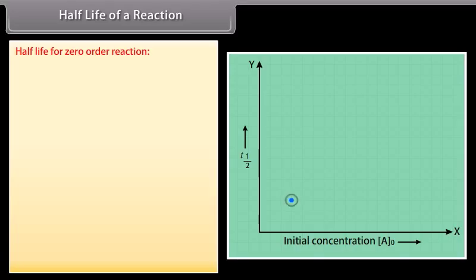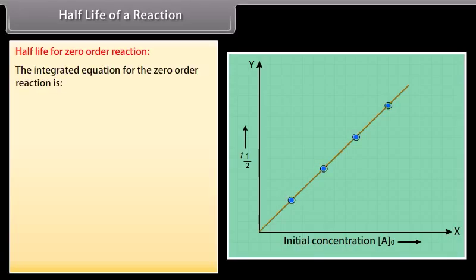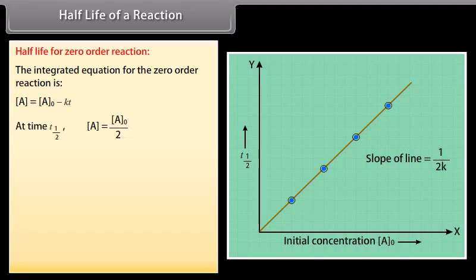Half-life for zero-order reaction. The integrated equation for the zero-order reaction is A is equal to A naught minus Kt. At time t half, A is equal to A naught by 2, or A naught by 2 is equal to A naught minus Kt, or Kt half is equal to A naught by 2.